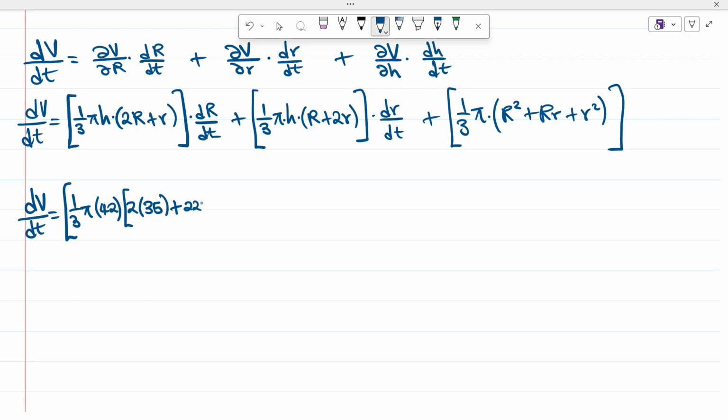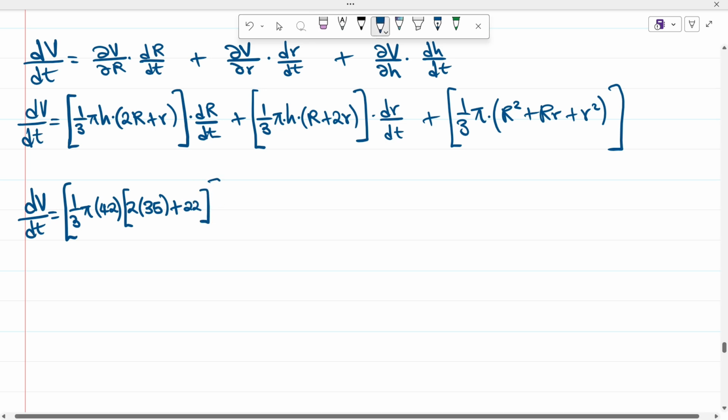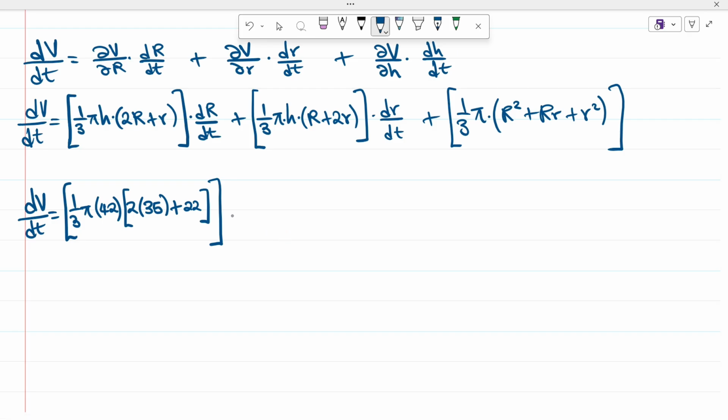So this is equivalent to 22. Then we are going to close here and then close for the bigger bracket, and then the rate of R with respect to t is 0.05, and then now we can add for the other term, which is going to be 1 over 3 pi.